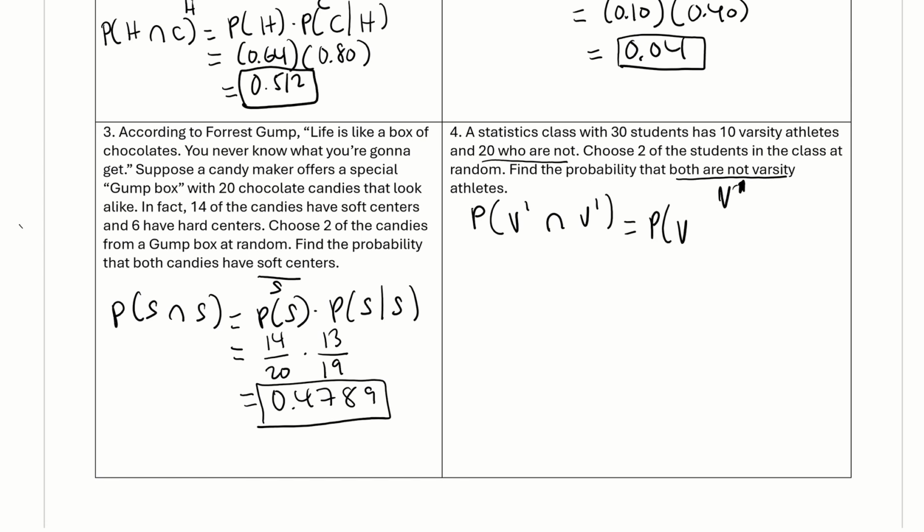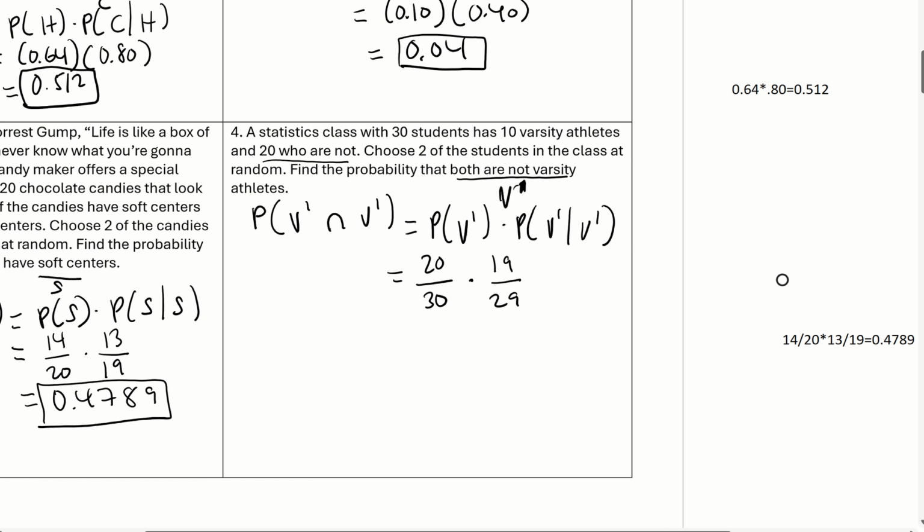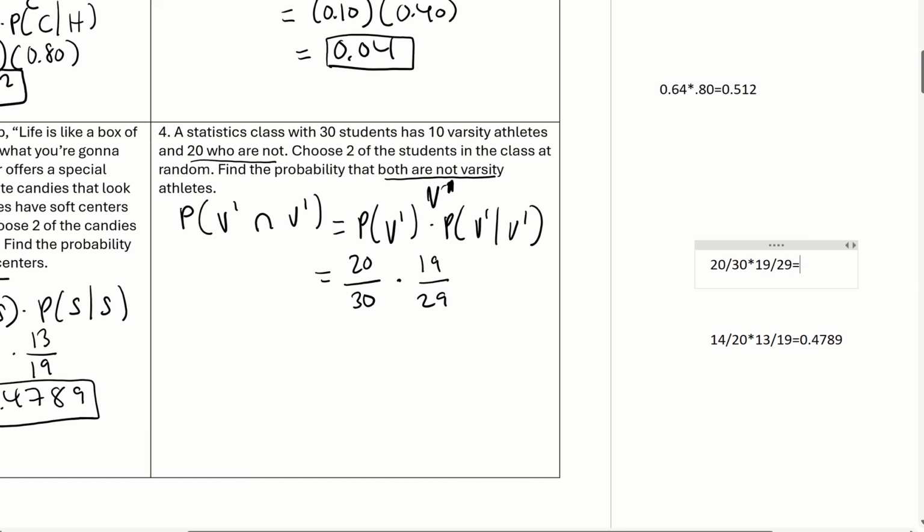Well, that's the probability of them multiplied, right? So the probability that the first one is not varsity, well, there's 20 of them that are not out of 30. Once you select one, you have 19 left, so 19 out of 29 students. And you just multiply those together. You got your answer. Okay, so you got 0.4368.